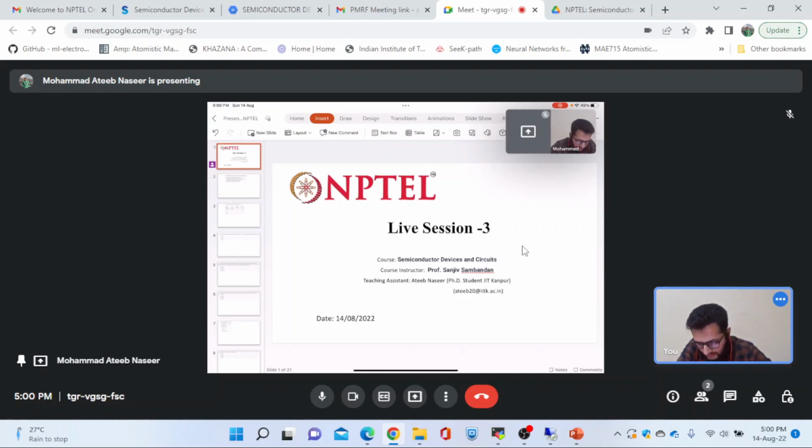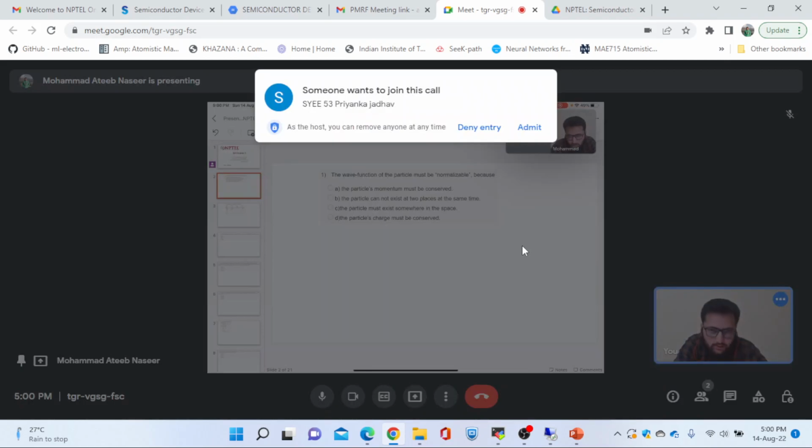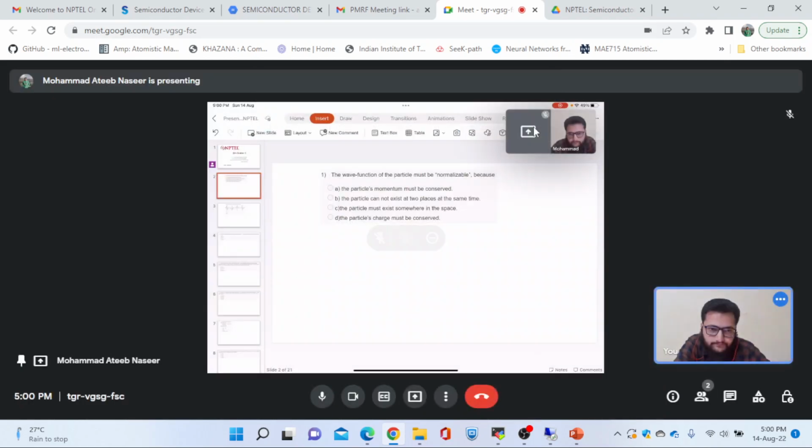So let me start with the problem that was given to you in assignment 1. It states that if we have a wave function of a particle, it must be normalizable.